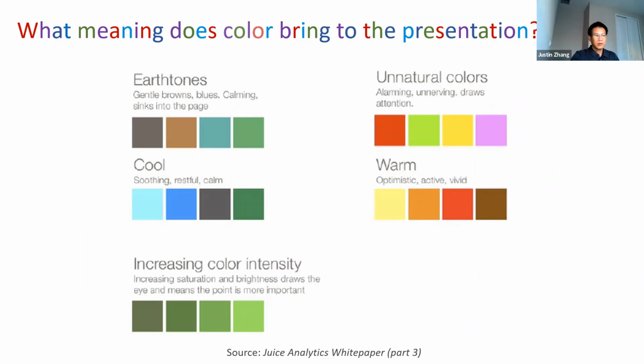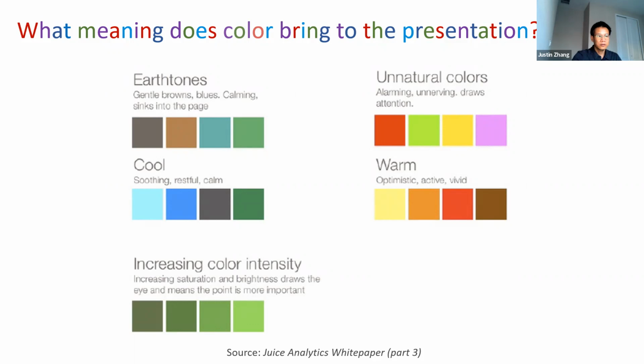So as we talked about before, color is one of the most commonly used pre-attentive attributes, but however, it's oftentimes misused. So it's important to think about the purpose of color and how we are encoding our data sets by using color. Here on the left-hand side, we see some earth tone colors and the cool colors.